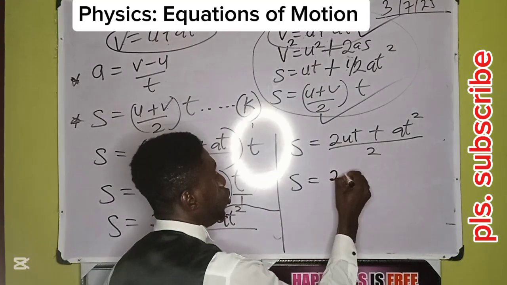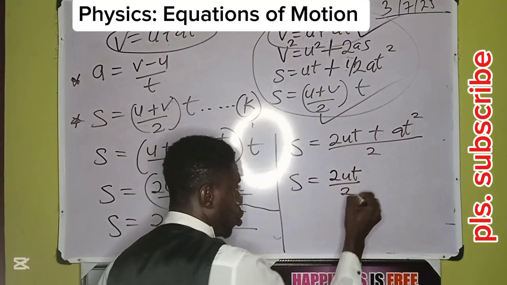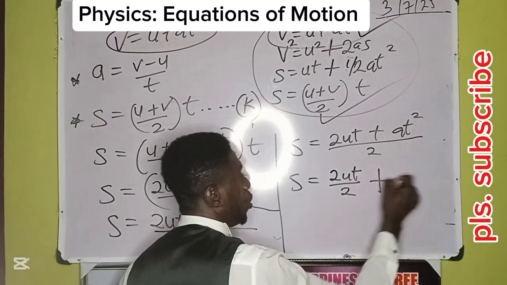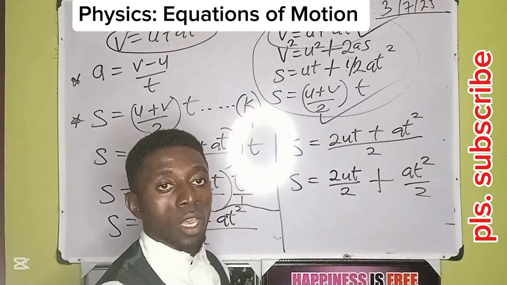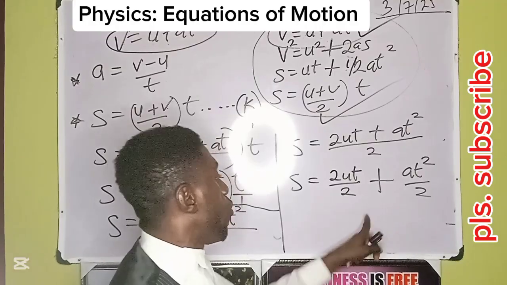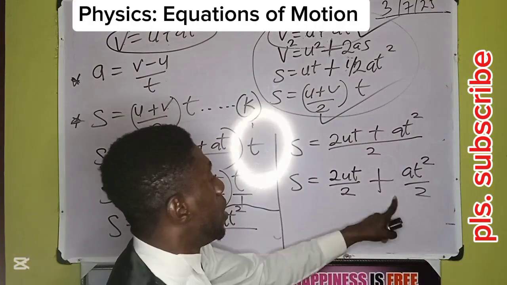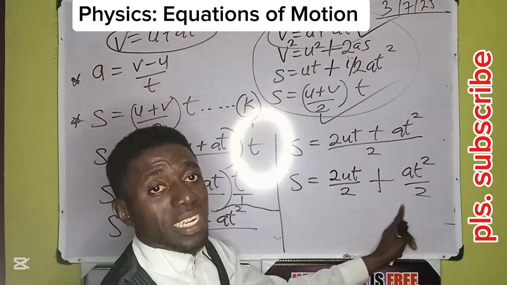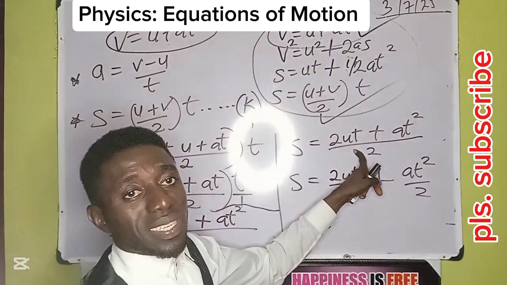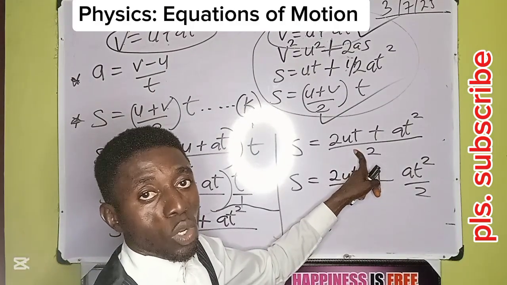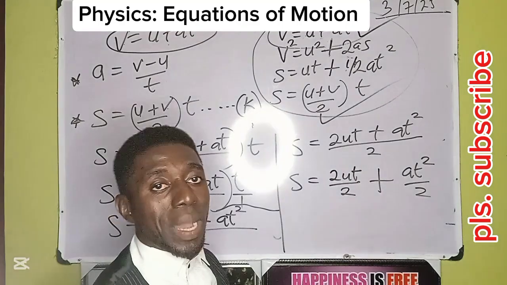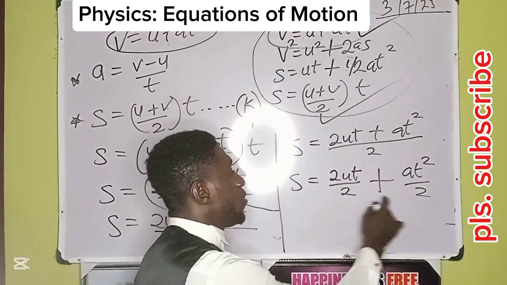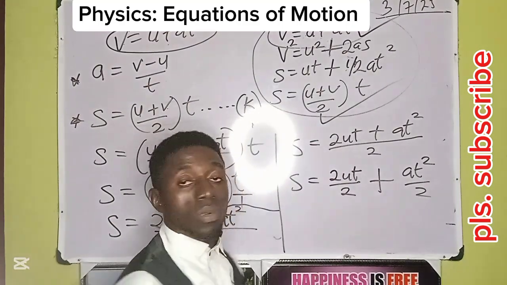We'll be having 2ut over 2 plus, put the operator down, at squared over 2. This is just like going back, because if we want to add these 2 fractions, we go back to finding the LCM, which is 2. Then divide, we bring it back to this way. So both ways are the same. No panic, both ways are the same. But there's a reason for this way, so that we can cancel.